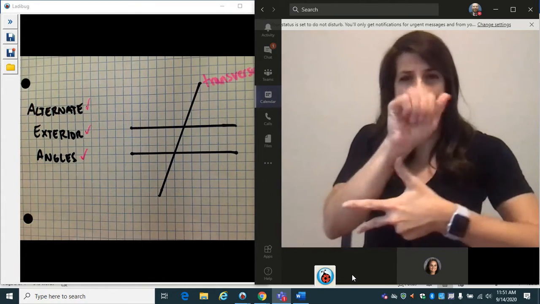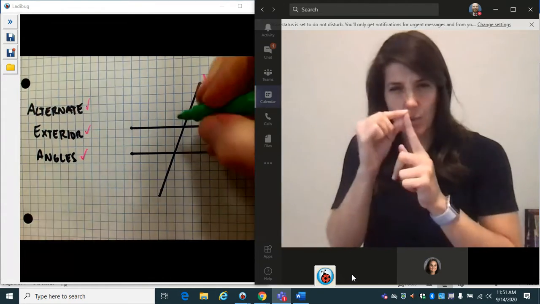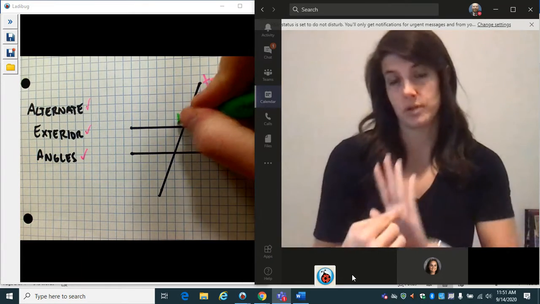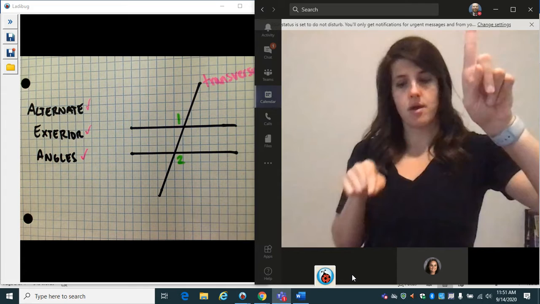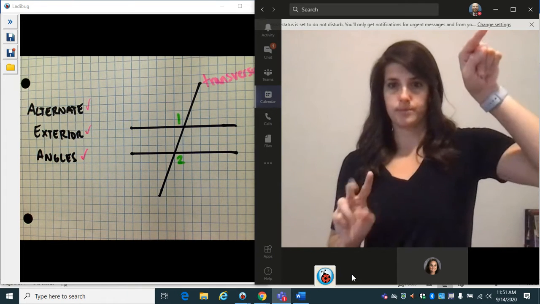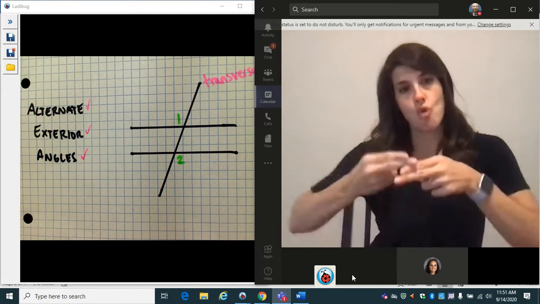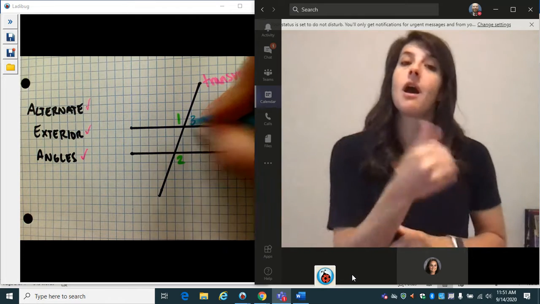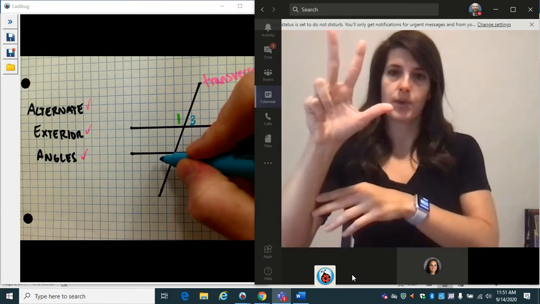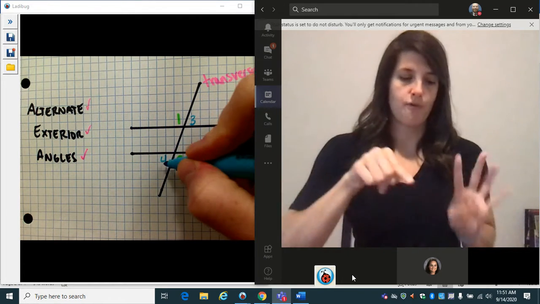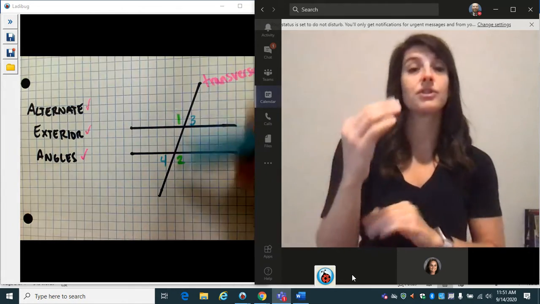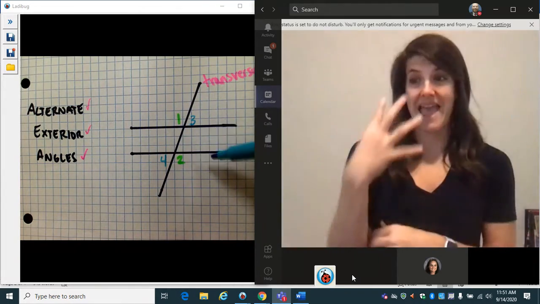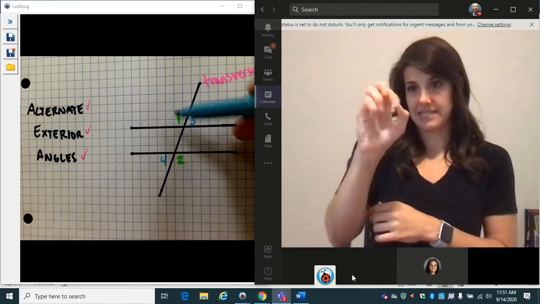So in this example, one set of alternates would be angle 1 at the top and angle 2 at the bottom. Another set of alternates would be angle 3 at the top and angle 4 at the bottom. So again, we have angles on the exterior, the outside of a set of parallel lines, and we're looking at alternates.